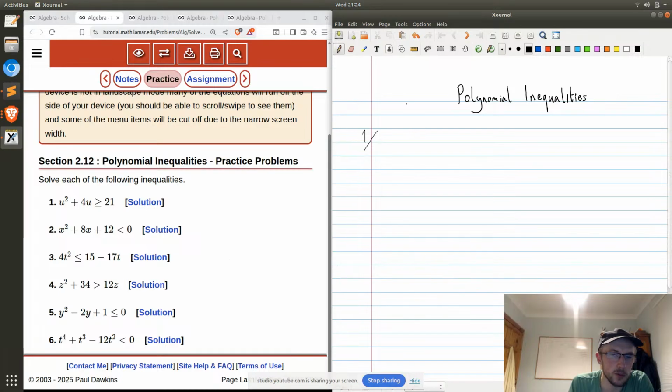Okay, hold on. I'm going to subtract 21 from both sides. So I will get u squared add 4u, take 21 is greater than or equal to 0. And then I notice this can be factorized into u plus 7 times u minus 3.